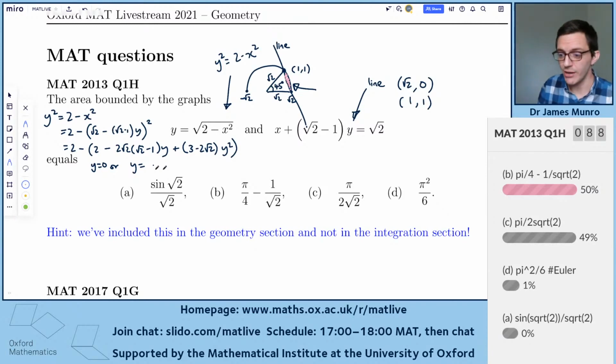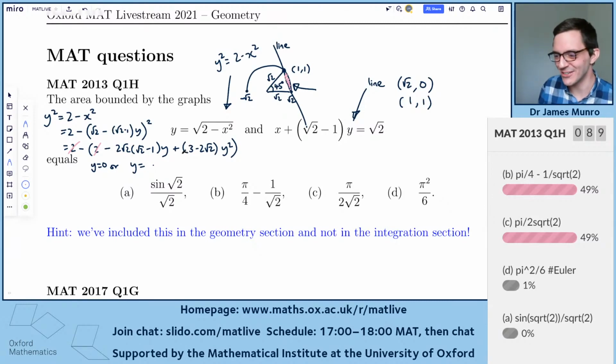How did I get y equals 0 or y equals 1 out of this equation? I did the last bit of rearranging in my head, which is a bit rude, isn't it? I cancelled the 2's, and then I worked out that this bracket was going to be root 2 is 2. There's going to be something like 4 minus root 2. Maybe I'm just wrong, who knows? I did some cancelling in my head and I might not have done it all correctly. Ah, yeah, there's a big minus sign.